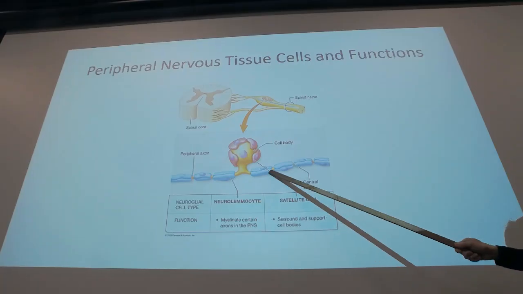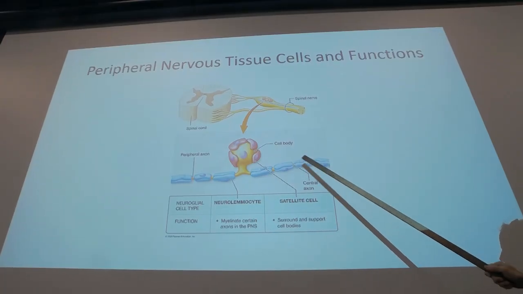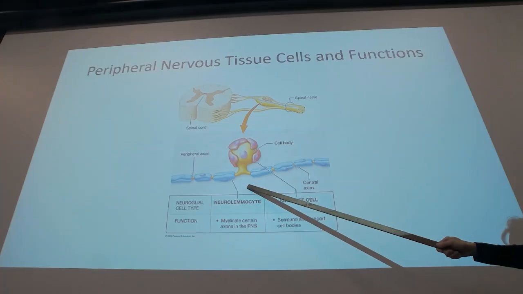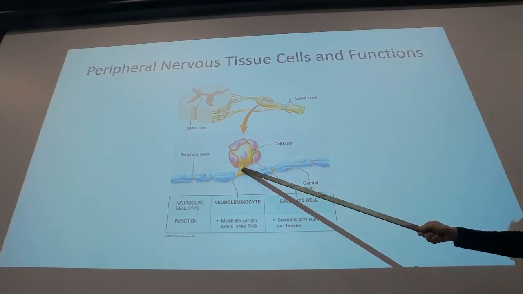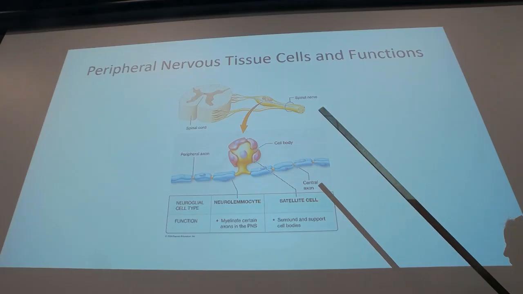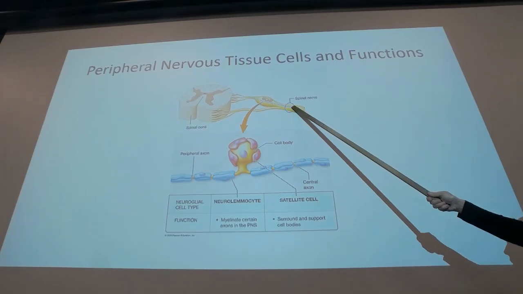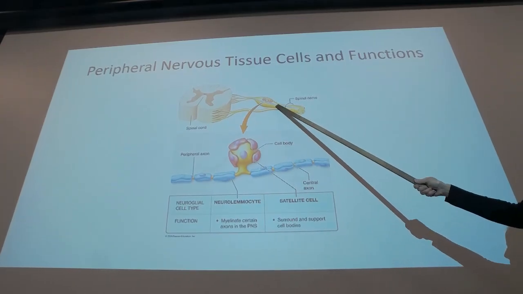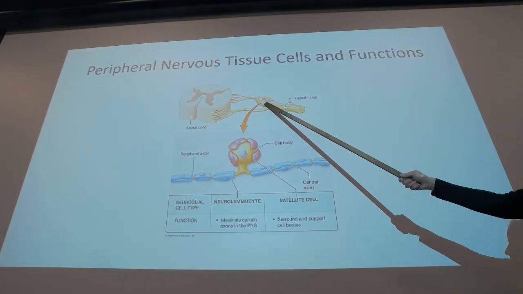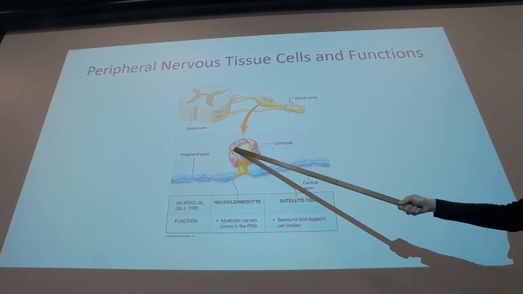And here we have a central axon, this is a peripheral axon. This is a pseudo-unipolar cell, because it looks like one extension when it's actually two. So here will be the central axon, and here the peripheral axon. And then here's the body with these satellite cells.